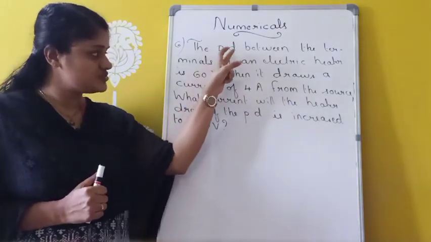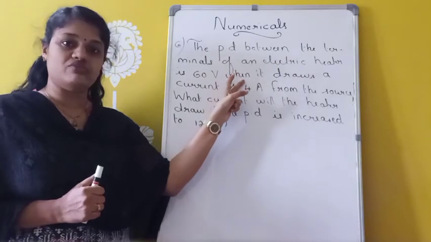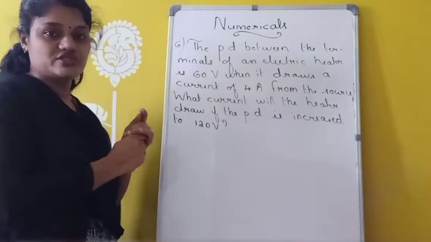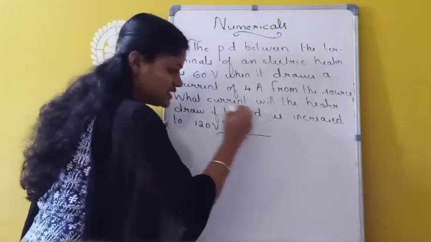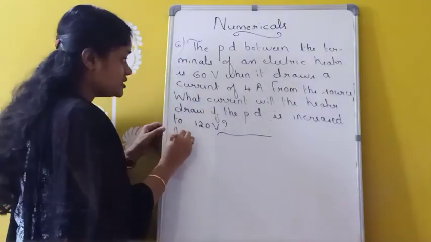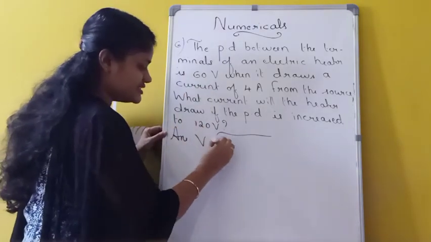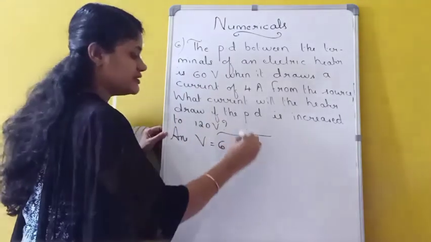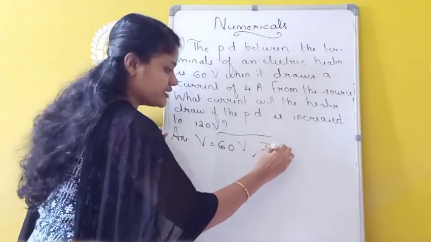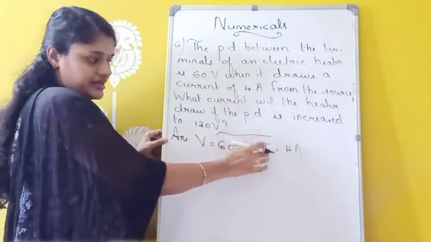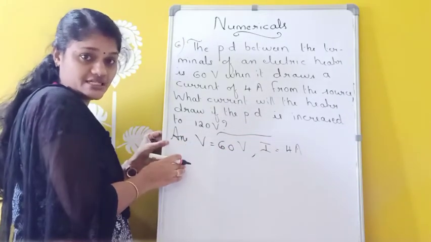Okay. So using the first data, what can we find out? We can find resistance, because potential difference as well as current is given. So potential difference is given as how much here? V equals 60 volt. Then current is given as 4 ampere. So I equals 4 ampere. And using this V and I, we can find resistance using which one?